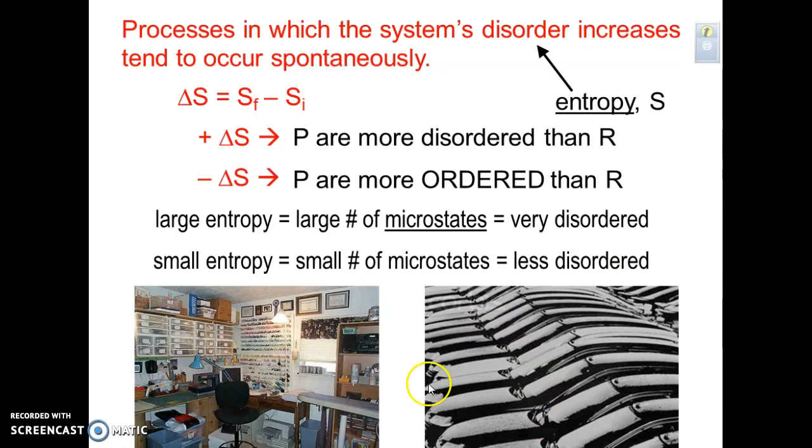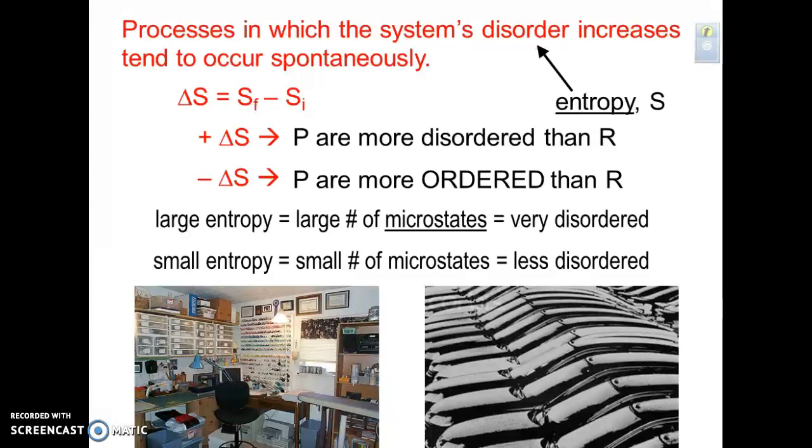Nice rows of cars and a nice clean sewing room here. Do you see them? So we say that the second pictures that you see have less disorder than the first set. There's fewer microstates. What the heck does that mean for chemistry? It's easy to talk about it in terms of a room and cars lined up, isn't it? It's a lot more difficult to talk about it in terms of chemicals.